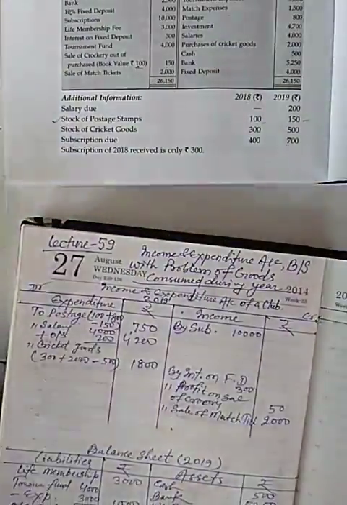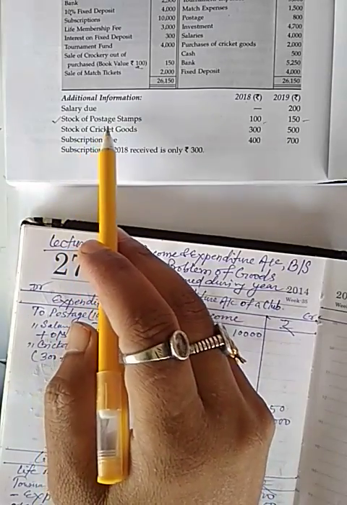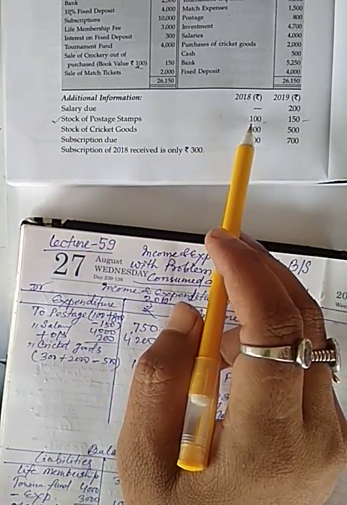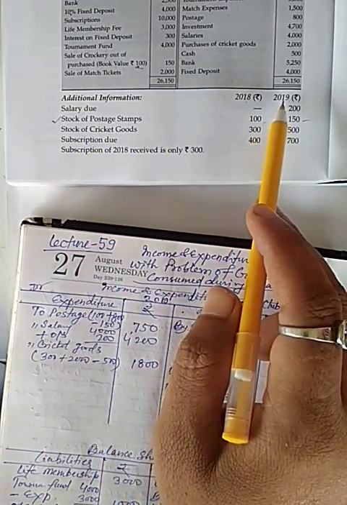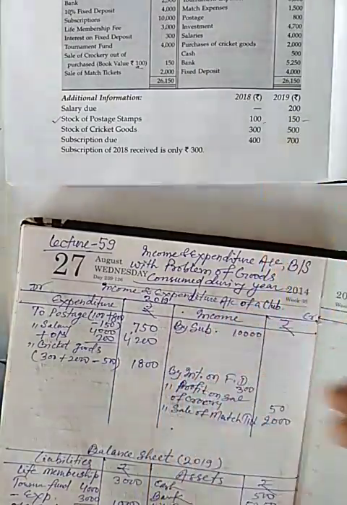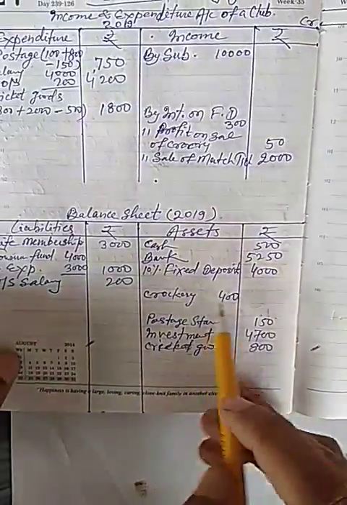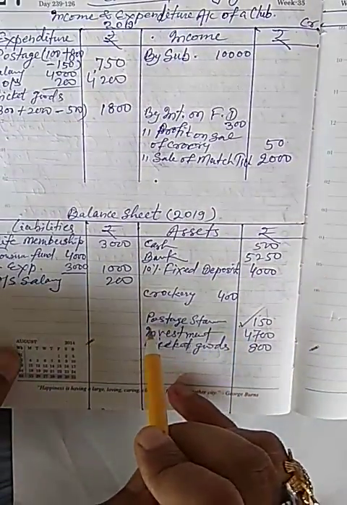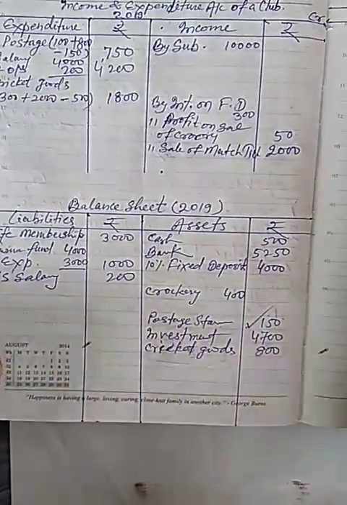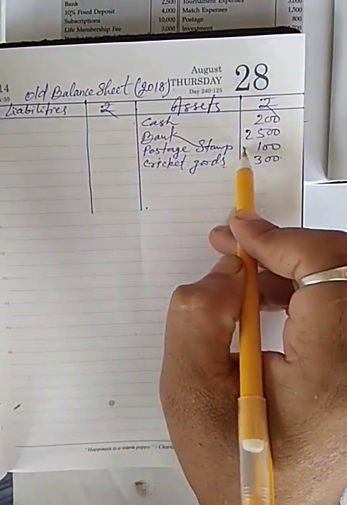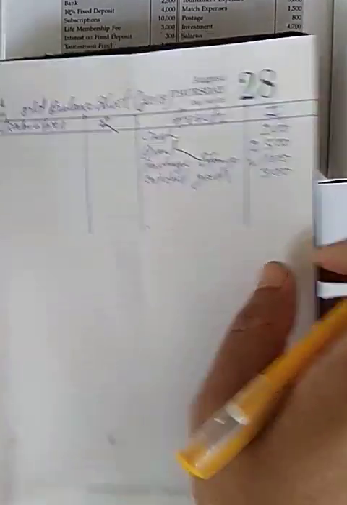Now additional information is given: stock of postage stamp 100 in the beginning of the year and 150 in the current year. So I have already done postage stamp 150 in closing balance and postage stamp 100 in opening balance sheet.